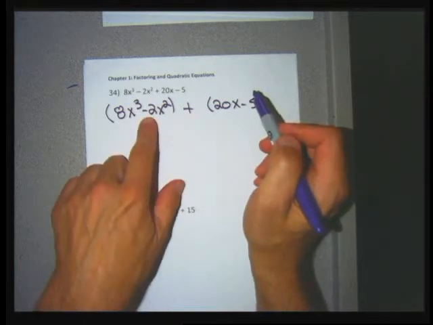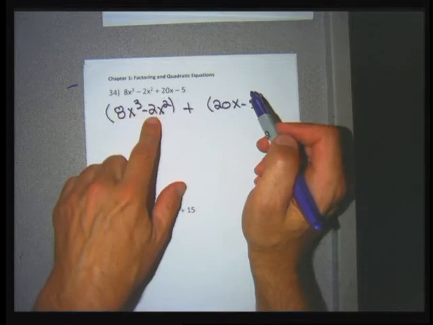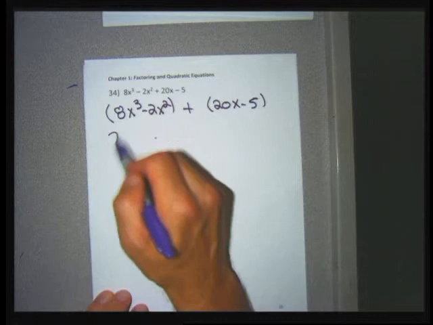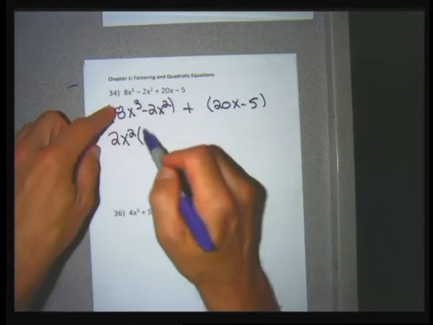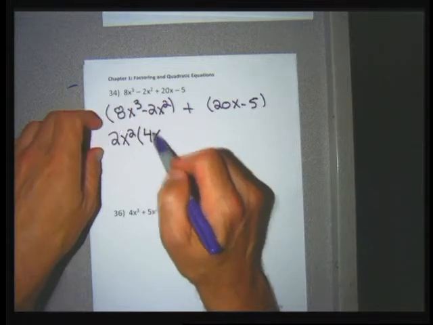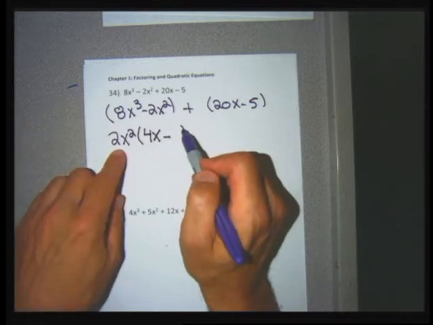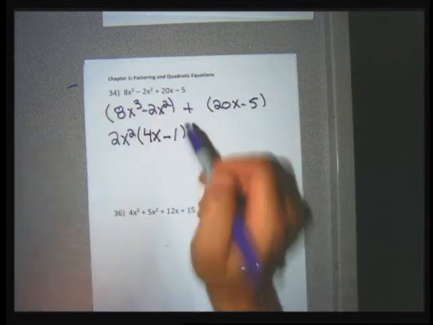First one I'm going to factor out a 2 and an x squared, because both 2 and 8 are divisible by 8, and the smallest exponent that the x's have in common are x squared. So I'm going to factor out a 2x squared. The first piece, I'll go 8 divided by 2 is 4. I had 3 x's, I took 2 away, I'm left with 1x. Bring down the minus sign, and anytime in front of the parentheses I have exactly one of the things inside the parentheses, you leave a 1 behind there.